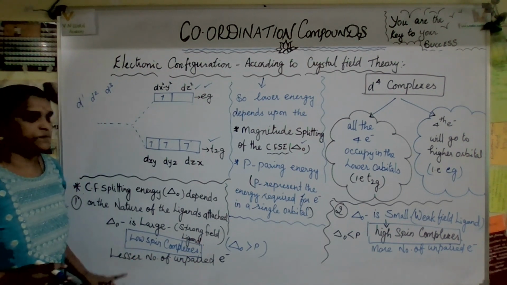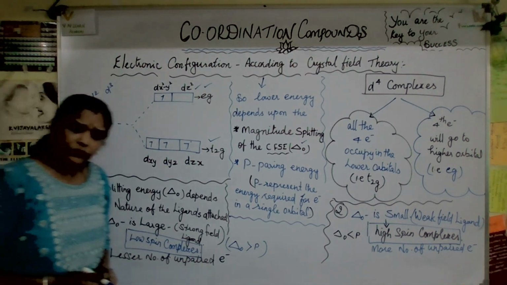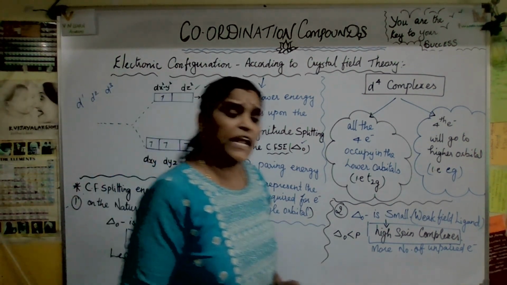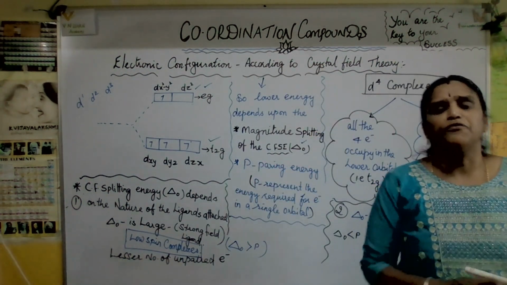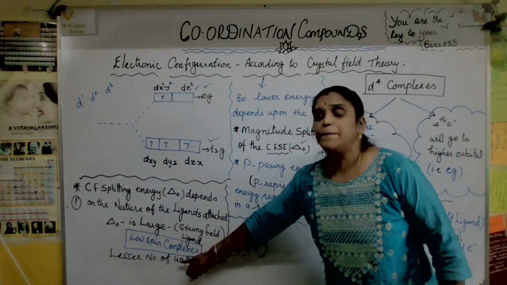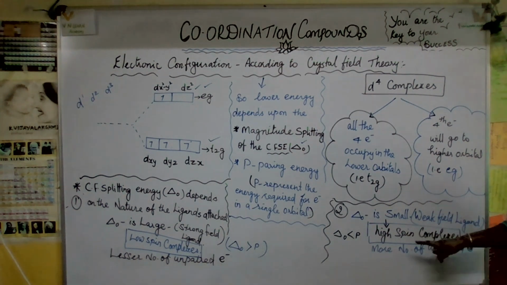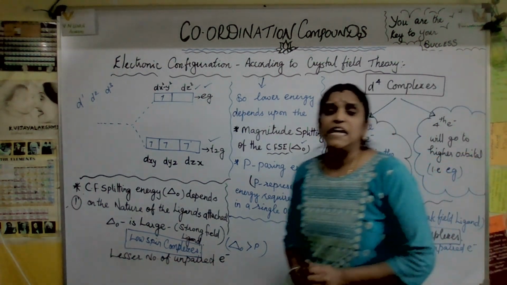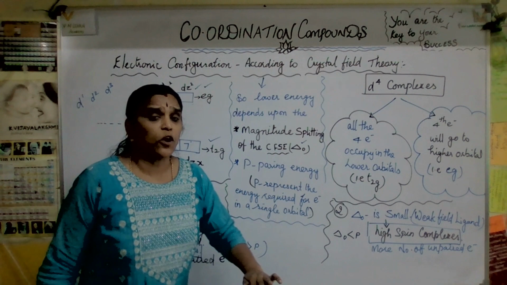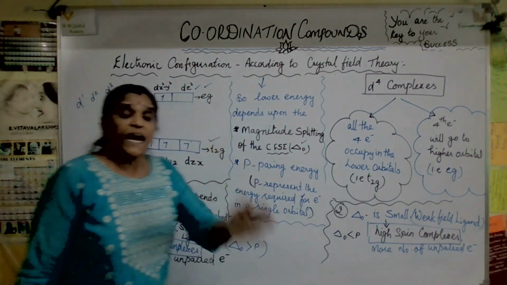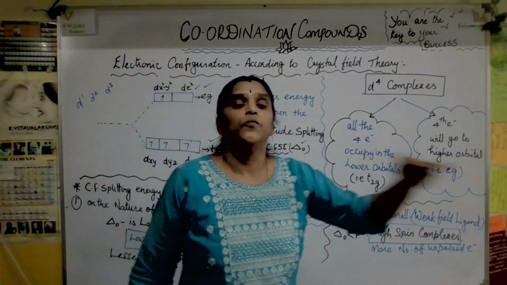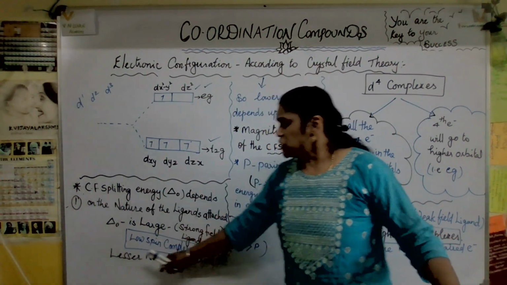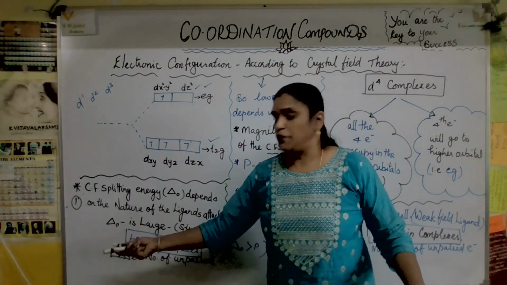Strong field ligands definitely mean low spin complexes. In low spin complexes, you find a very small number of unpaired electrons, whereas in high spin complexes, you find more unpaired electrons. So you can easily identify them: high spin complexes mean weak field ligand, and low spin complexes mean strong field ligand.